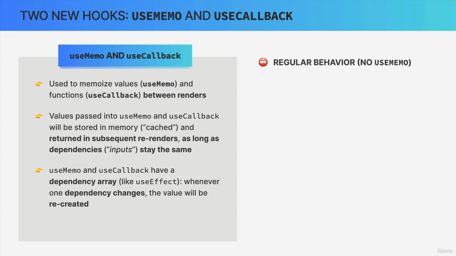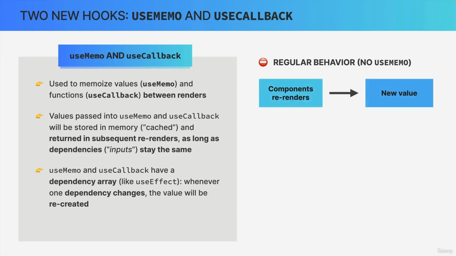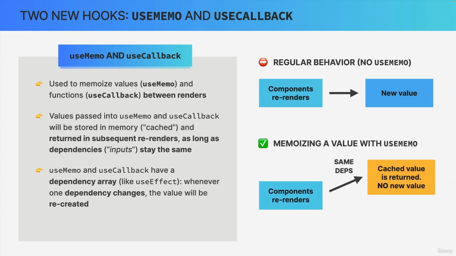So the regular behavior in React when we do not memoize a certain value is, of course, that a new value is created whenever the component re-renders. On the other hand, when we do memoize the value, then no new value is created on re-render and the cached value is returned instead.